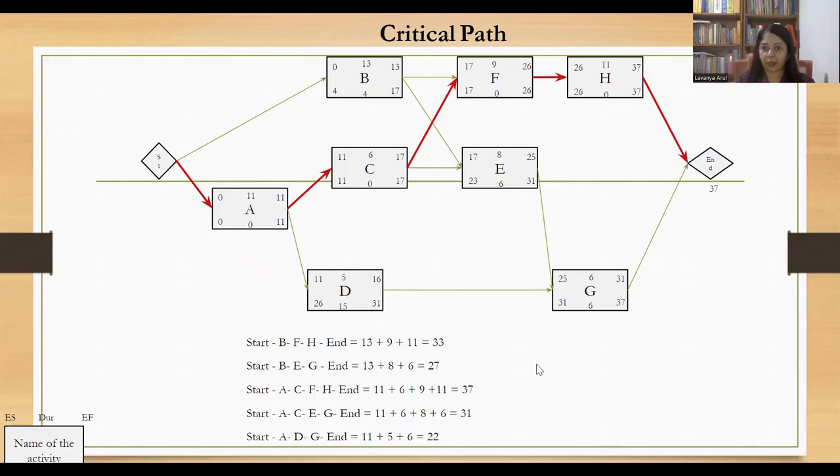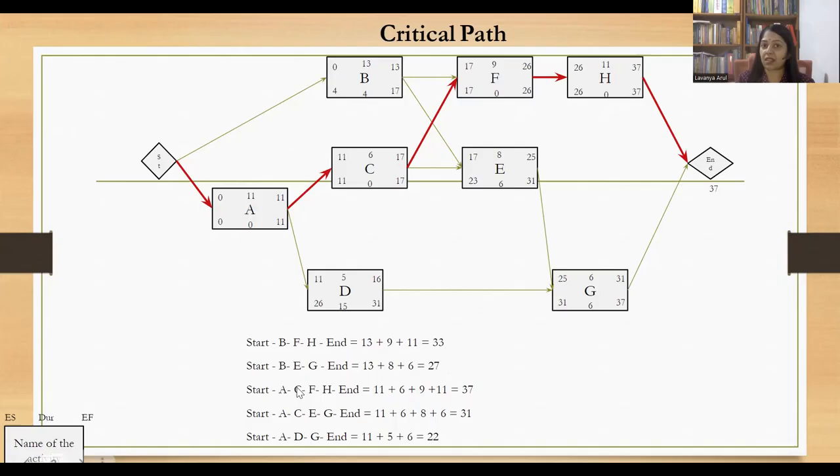When we add up the duration of these activities, B is 13 days, F is 9 days, H is 11 days. So when we add it up, the total we get is 33. In the same way, when we add B, E, and G, which is 13, 8, and 6, we get 27.